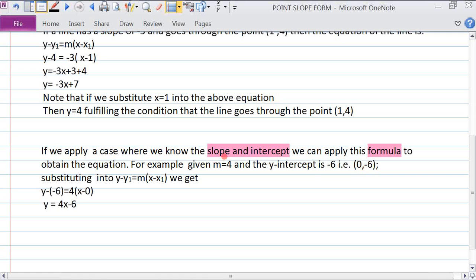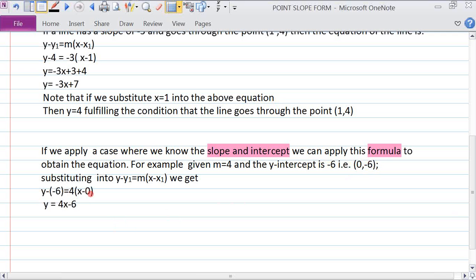So we have the slope and we have a point. So we can go back into this equation and use it here. In this case, we know that the slope is 4 and the y-intercept is minus 6. We know that the point is (0, minus 6).